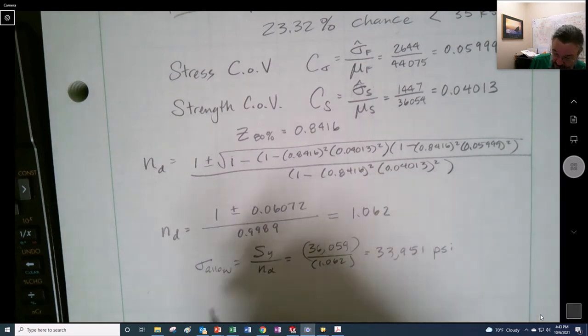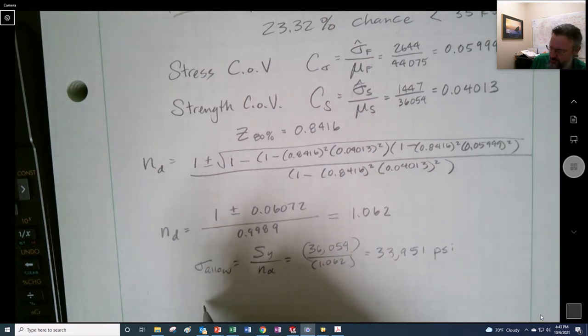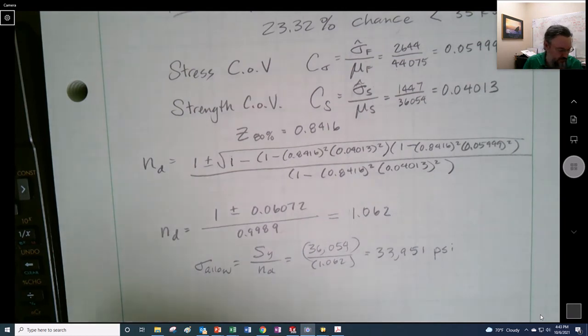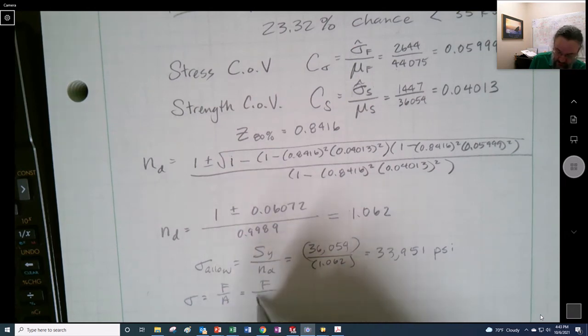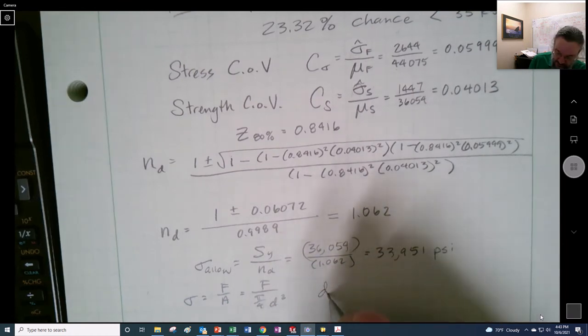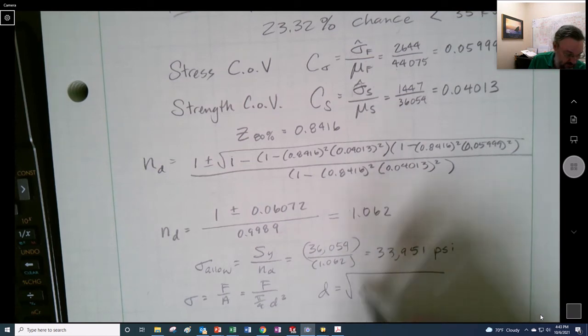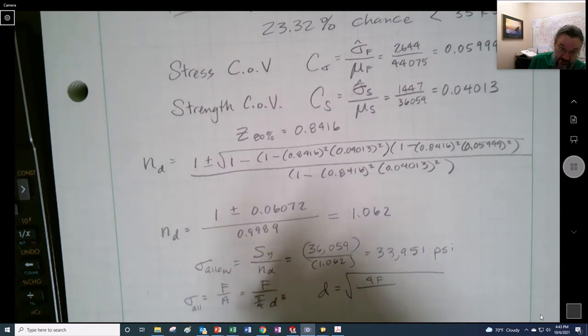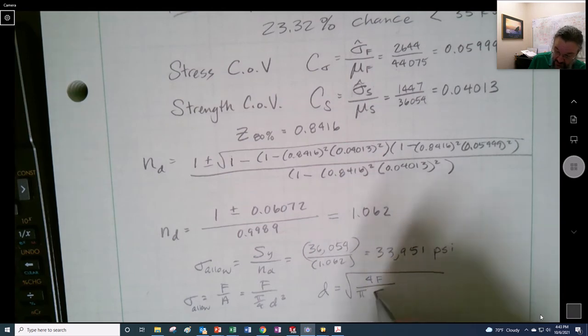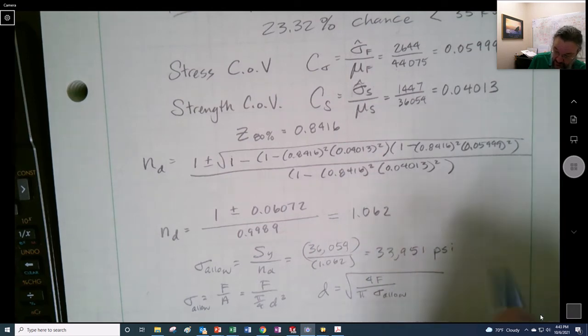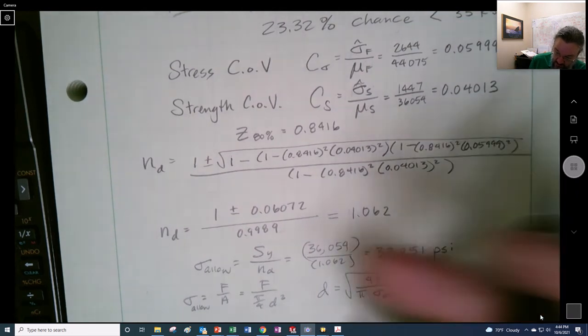And if we wanted to find the diameter from this, we already did a problem like that, where stress was equal to F over A equals F over pi over 4 D squared. So the diameter is going to be the square root of 4F over pi times the allowable stress.